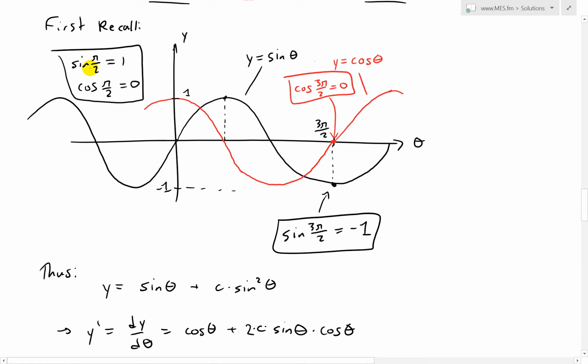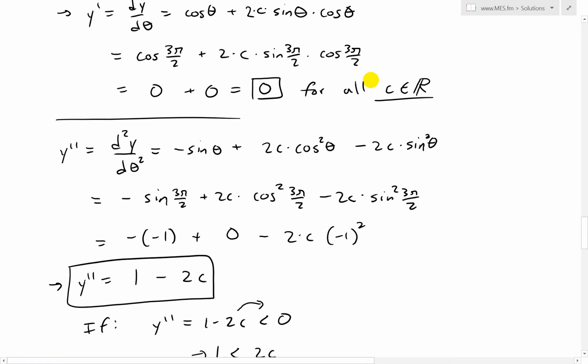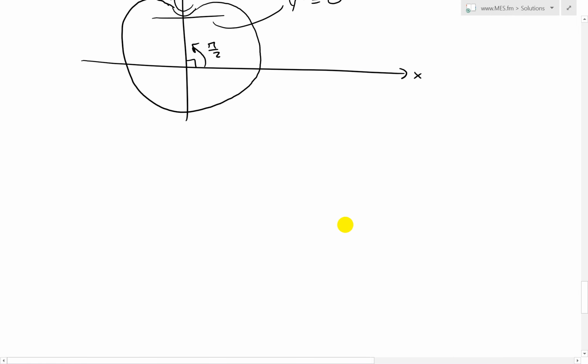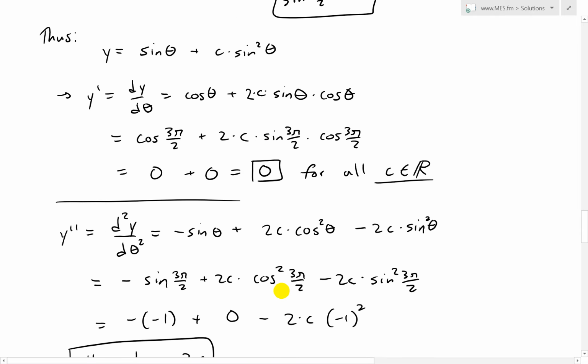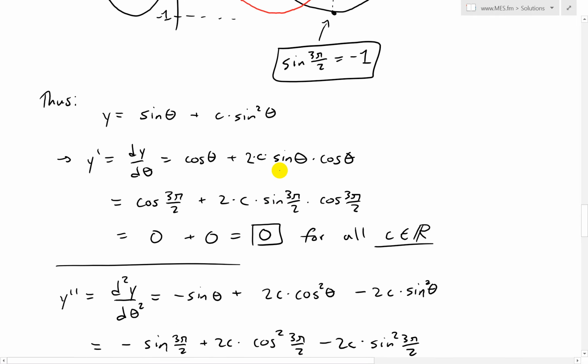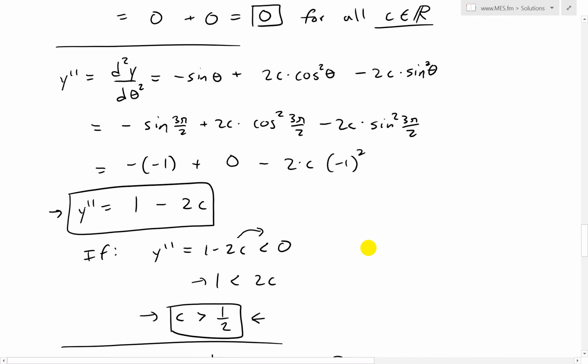Let me put this a bit neater. So let's write this for reference again. Sine pi over 2 equals 1. Cosine pi over 2 equals 0. And now we can just solve for the derivative, y prime equals dy over d theta. If you recall from above, this equals cosine theta plus 2c sine theta cosine theta.